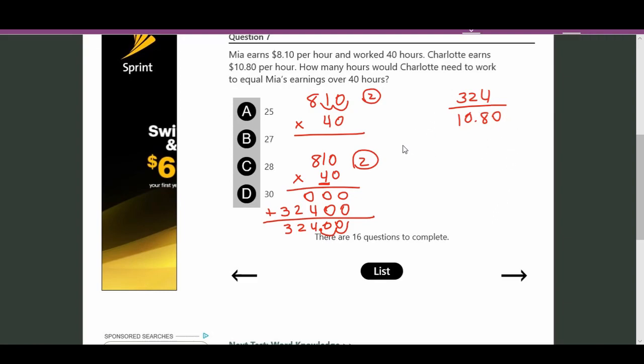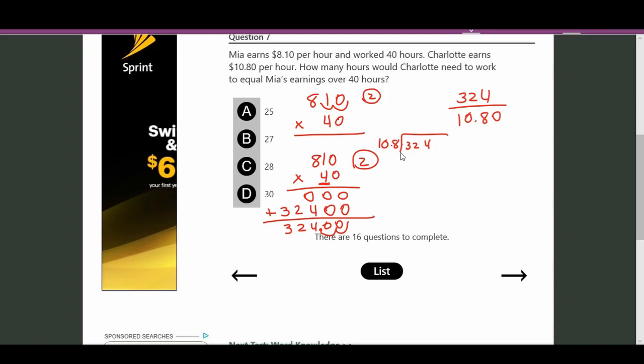So this is 324 divided by 10.80, and I dropped off the 0 there, which is no big deal. Now, as I mentioned earlier, you can do long division with decimals as long as the decimal's inside the division bracket. In this case, 324, the whole number is inside the division bracket, so we're good there.